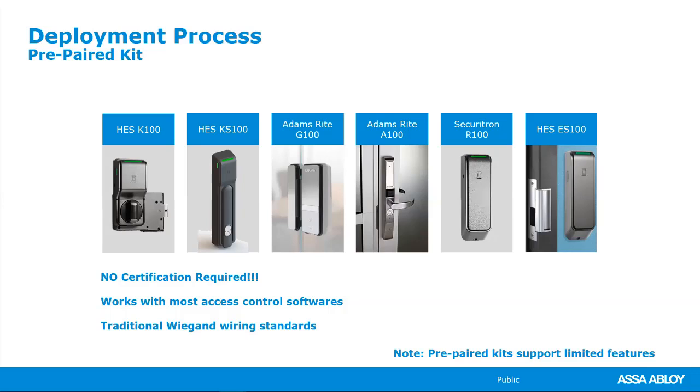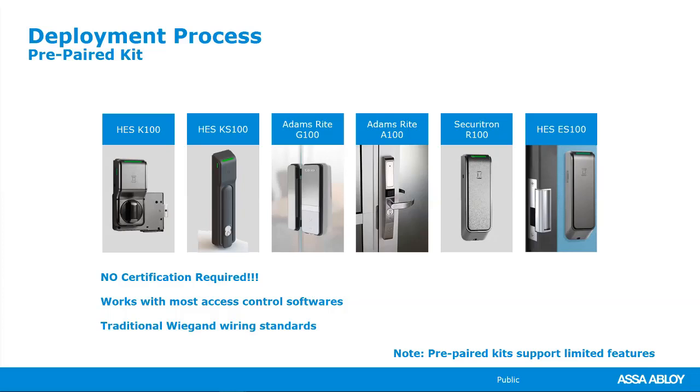All the products you see here come in a prepared kit. That's going to have that Wiegand, so that one lock paired to that one hub already done in the box for you. So the beauty about this is no matter who you are, you can buy this product right now. You don't have to go through that certification process that I spoke to before.